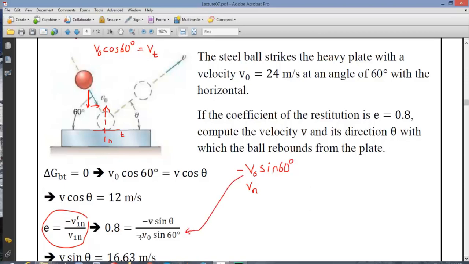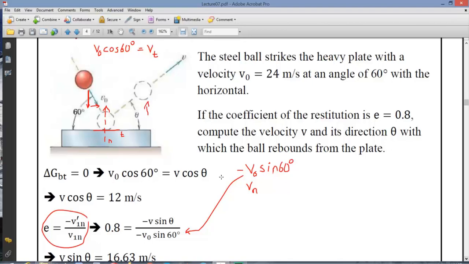Now please be careful here that we have this minus sign for v0. And the main reason of having that minus sign is with respect to our selection of the normal coordinates. The positive direction of the normal is vertical upward. If you have chosen it vertical downward, then it's not going to be a minus, but then you need to be careful about the velocity of the bouncing ball, as it will be vertically upward.